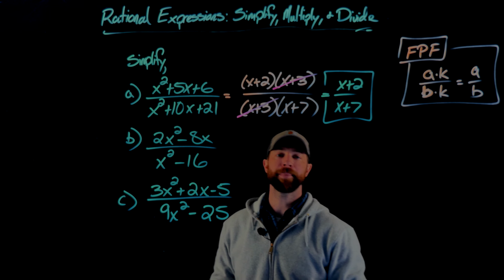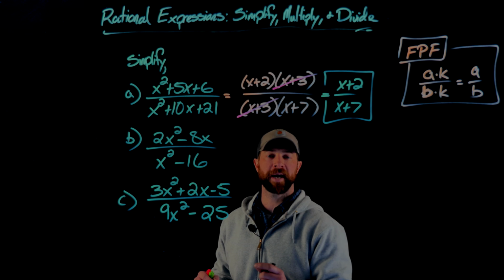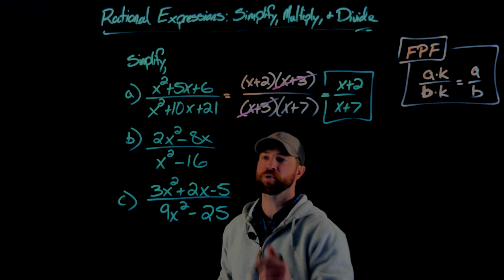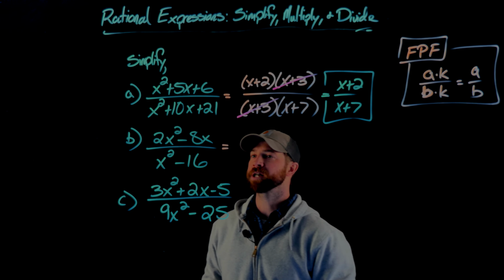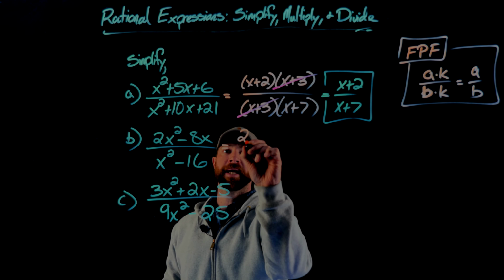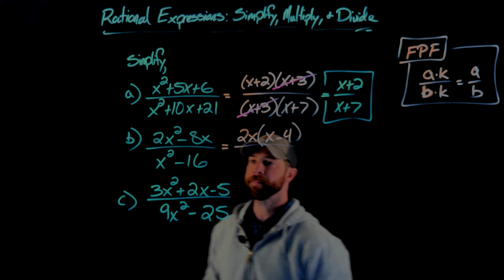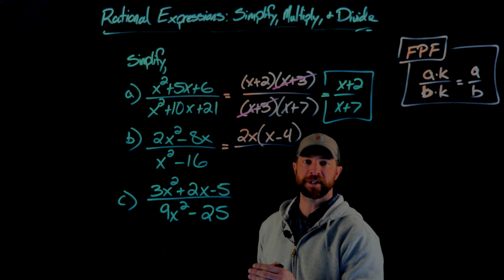In this second example, I will again factor these. The numerator, I can't see any tricky way to factor this except to factor out the greatest common factor. The greatest common factor in this case would be a 2x. So I would get a 2x times x minus 4 up in the numerator. And in the denominator, this is a difference of squares.